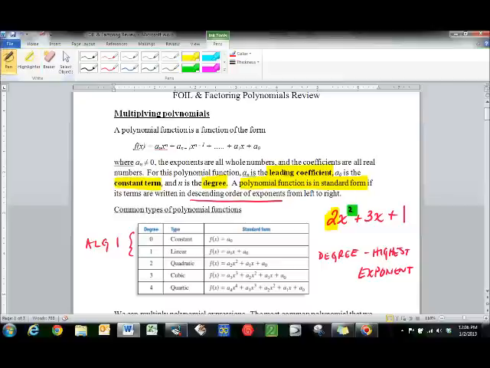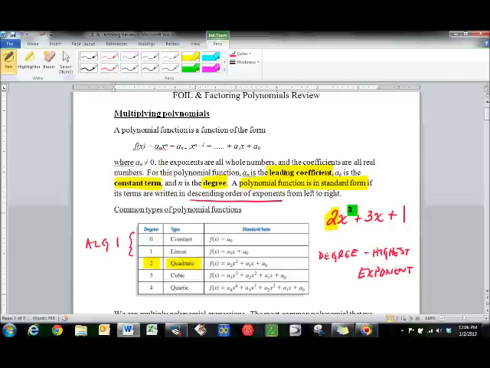And you notice that as you go down, they get less and less. Now, this degree indicates to us the type of function that it is, and the type of function for this case is a quadratic function because it has a degree of 2. So you can see that when it's written correctly, it's very easy to tell what type of function you're dealing with when it's written in standard form.